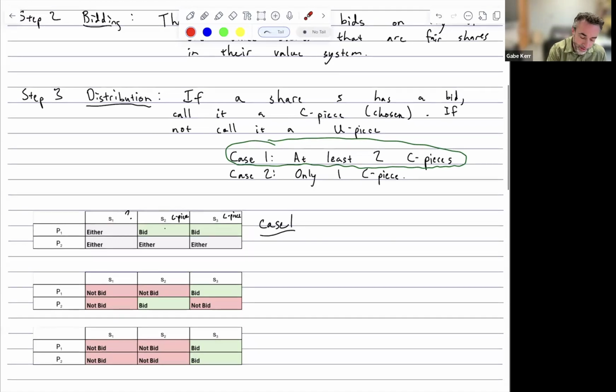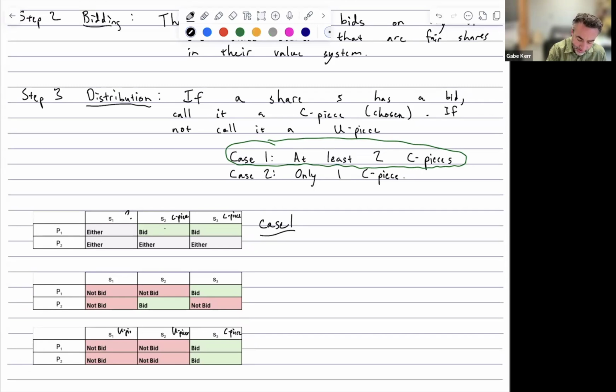So in this case, each of them bid on a different share. And then in this case, they bid on the same share. This last case, we only have one C piece. The other two pieces are unwanted.